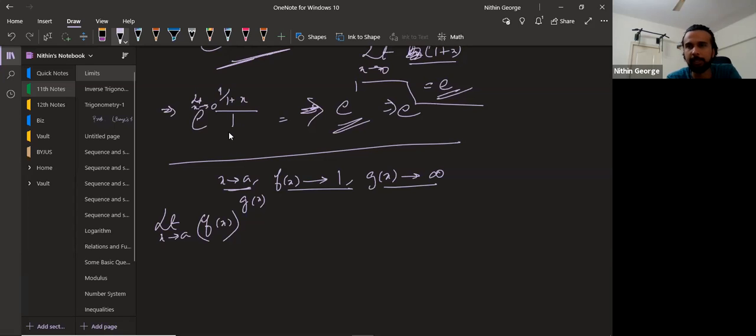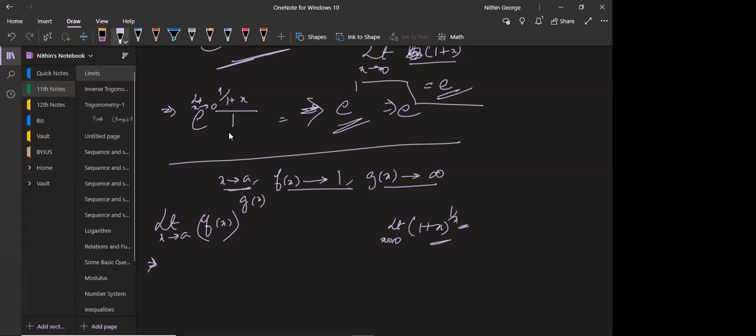What do you do in such a case? Even the other one, 1 plus x power 1 by x, we had limit x tends to 0. This is f of x raised to g of x form only. f is 1 plus x, which is tending to 1 plus 0, and g is 1 by x, which is tending to infinity. So it's almost the same thing. x tends to a, f of x tends to 1, g of x tends to infinity. Such a case, how do you deal with it?